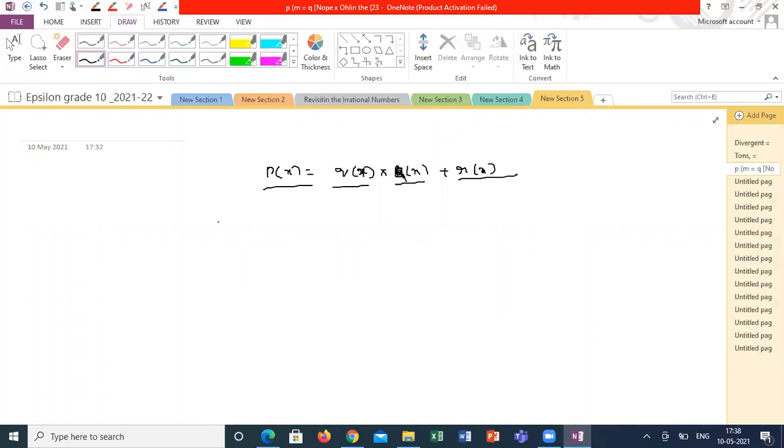Suppose I am giving a question, so I am writing the statement of the remainder theorem first. Everyone knows the remainder theorem for numbers, same as the remainder theorem for polynomials. What is the remainder theorem?